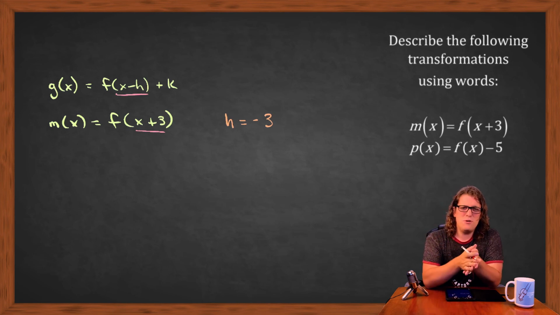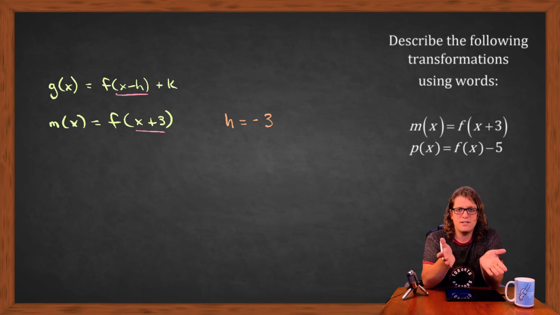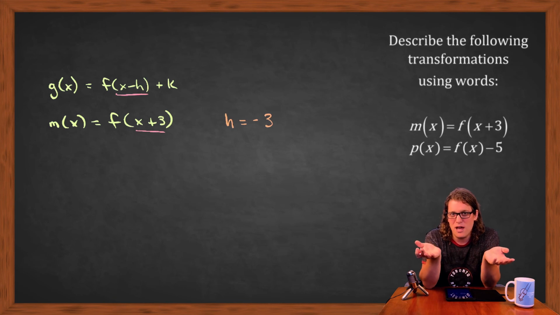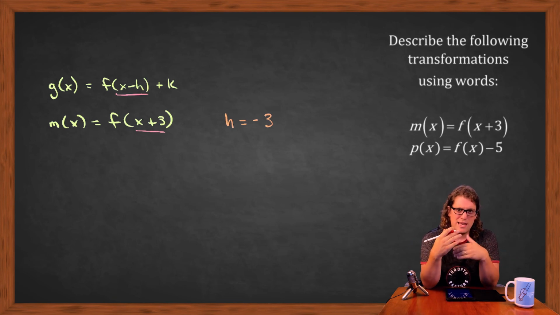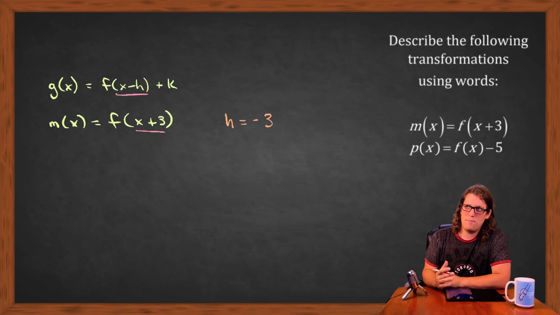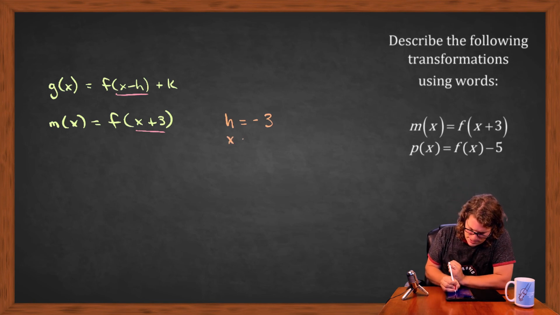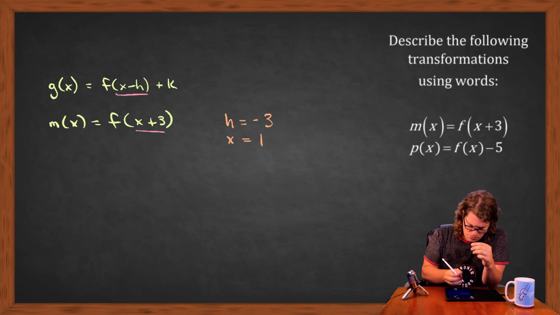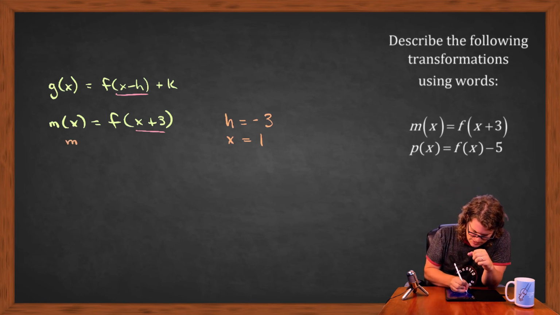So in order to see how this is actually affecting our m of x function, instead of just being equal to the original f of x function, how is it related? Well, I'm going to pick a particular value of x, which is an input value. So I'm going to say, just because it's a nice number, x is equal to 1. So what happens then to this particular expression?